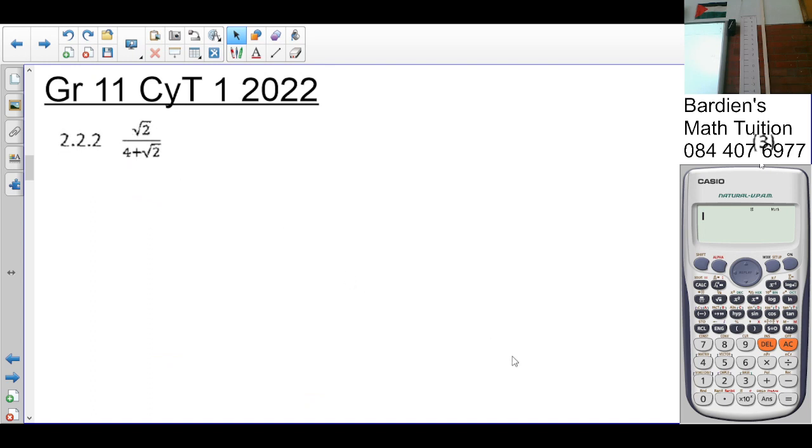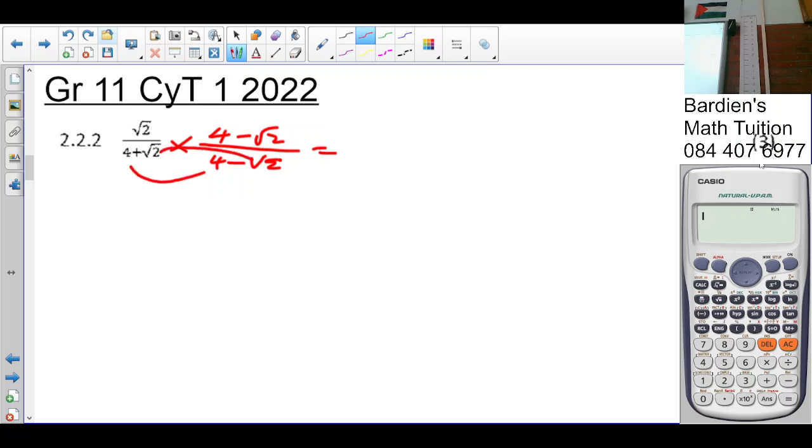Again, you must rationalize the denominator without the calculator. Now multiply it by the conjugate pair, which is 4 minus root 2. So you multiply the first and the last, so that will be 16 minus 2.